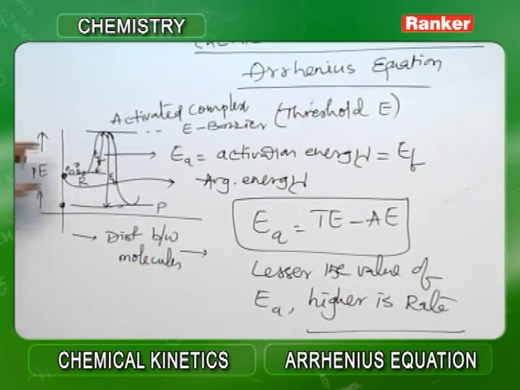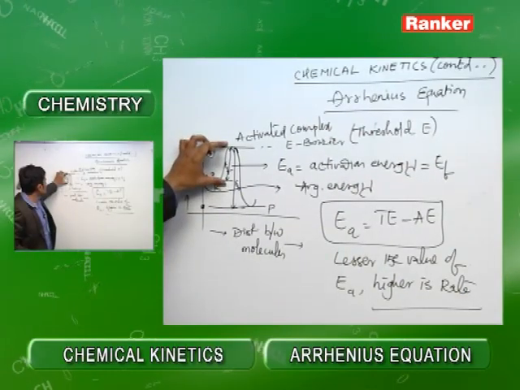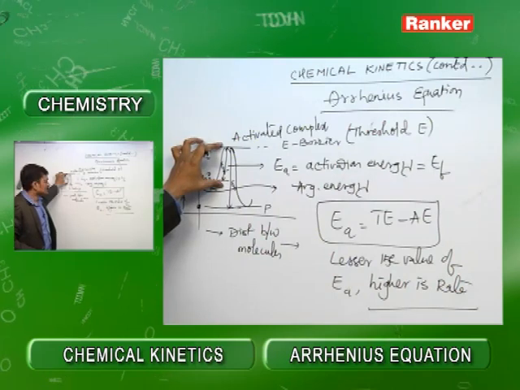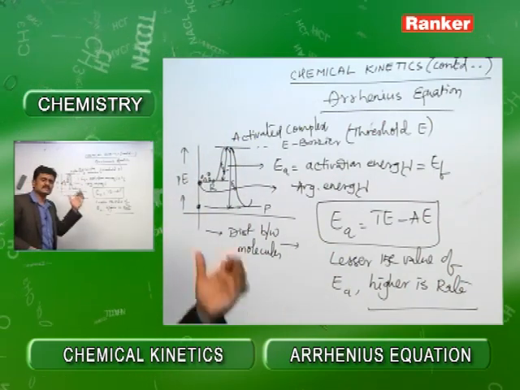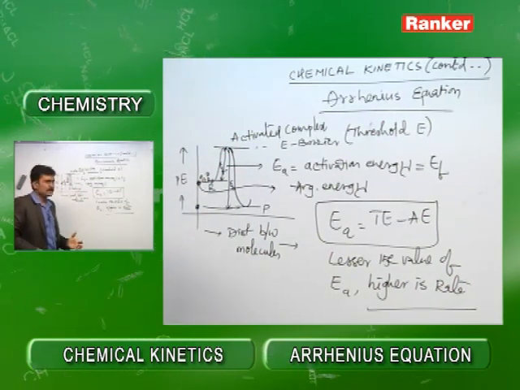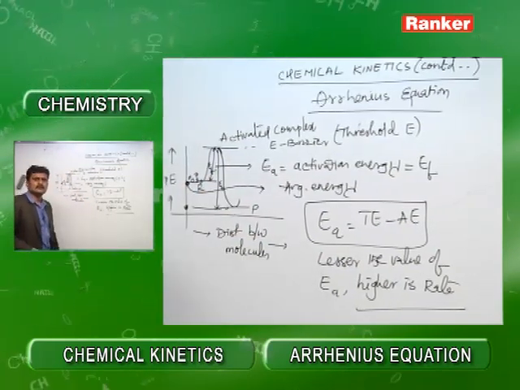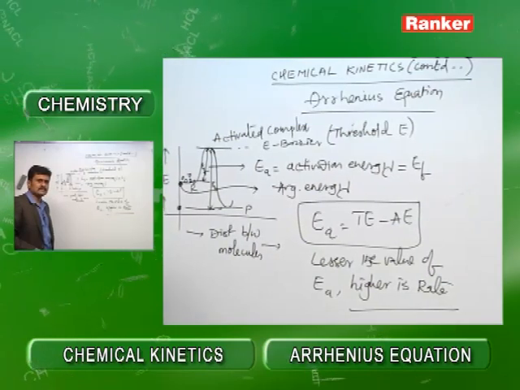You can see here, whichever side the activation energy is low, that side is going to take place a little more easily. So EF is less than EB, so forward is very feasible compared to the backward.